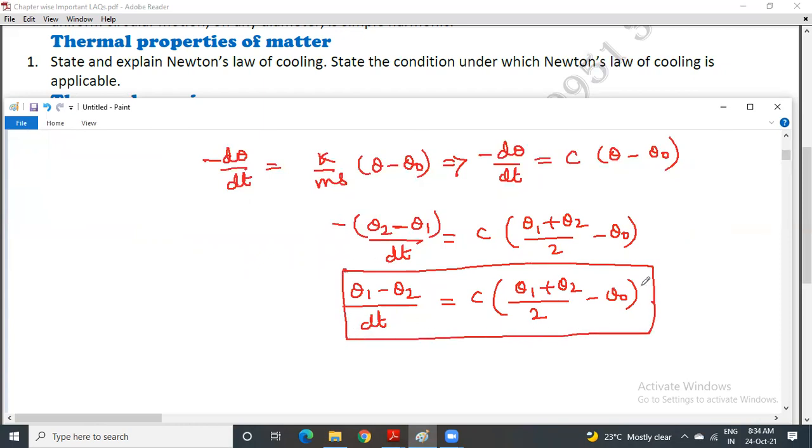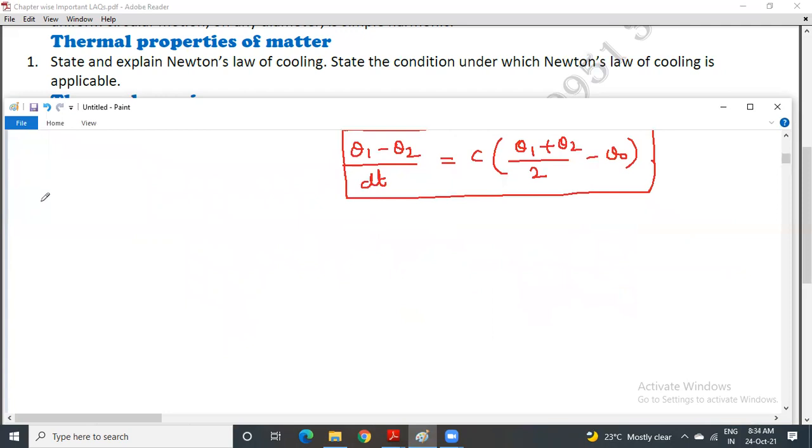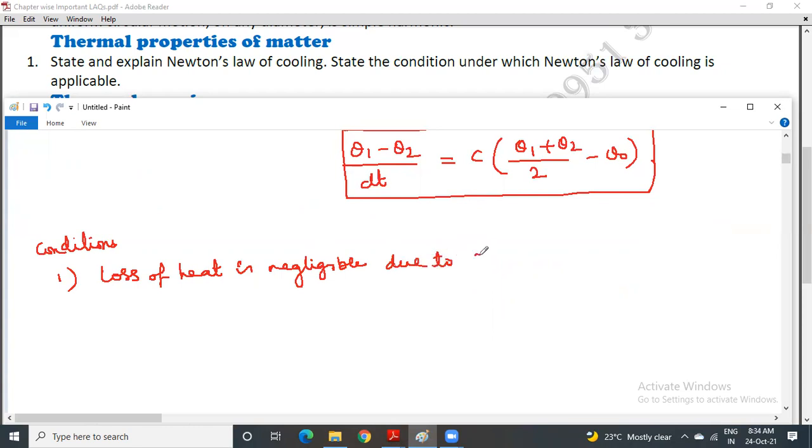And in association with this, there is another one. State the conditions under which Newton's law of cooling is applicable. The first condition is that loss of heat due to conduction is negligible, but it is possible.